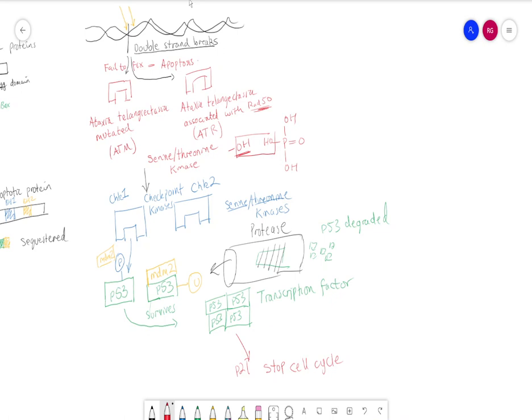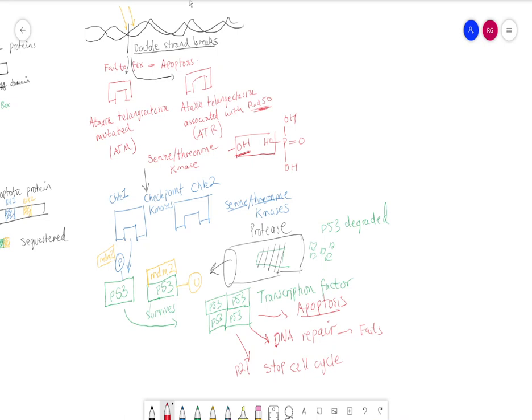Once we stop the cell cycle, we want to first see if we can fix the problem. So we want to activate DNA repair, but this is not the topic of the video, so we're going to assume that fails. If that fails, you want to go for apoptosis. Okay, if it fails, you can't risk having a mutiny.